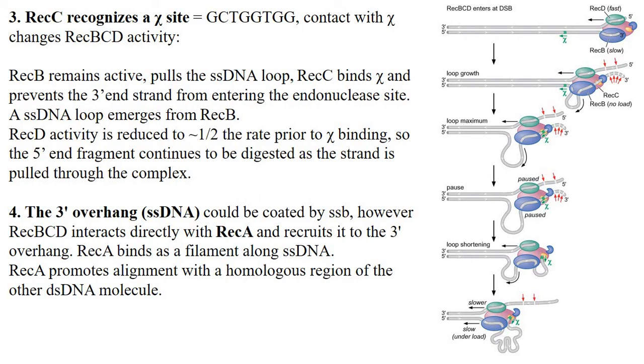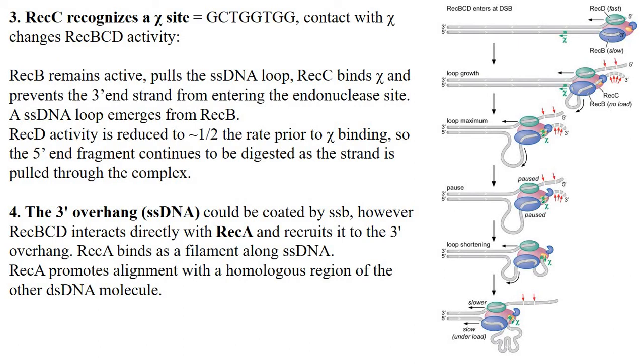Now, because it's a single-stranded DNA molecule now, as we all know, single-stranded DNA needs to be bound by proteins. So the single-stranded binding proteins can come and bind to this single-stranded DNA now. However, during recombination, there is a specific single-stranded DNA binding protein called RecA. That RecA binds to this sequence now.